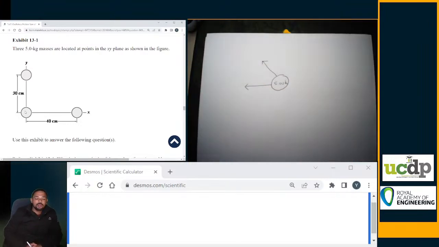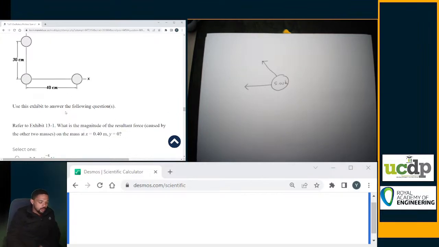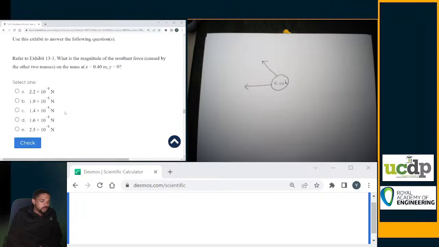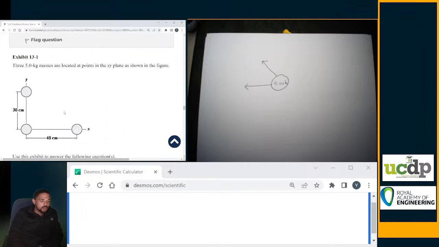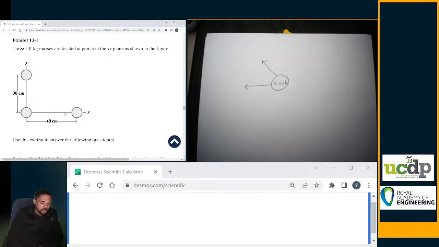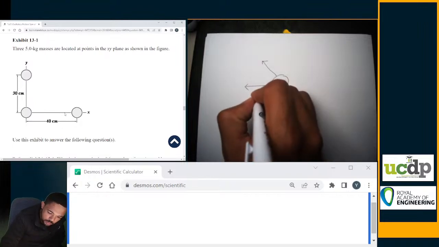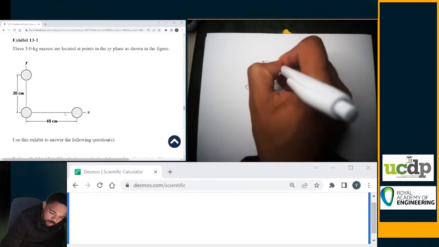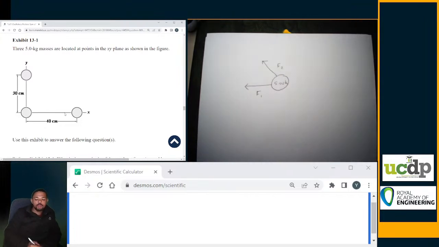Okay, that is the force on these masses. Now let's first work out these two forces. Let's call this force 1 and that one force 2. Let's work out force 1 and force 2.